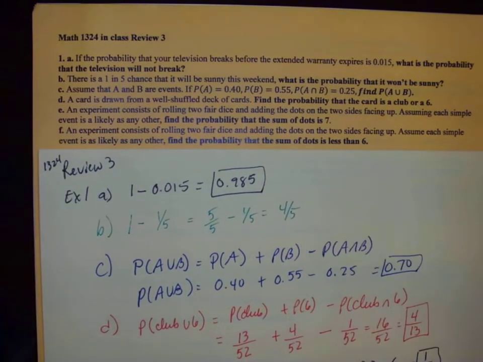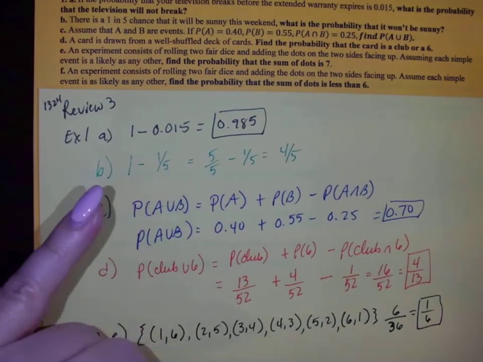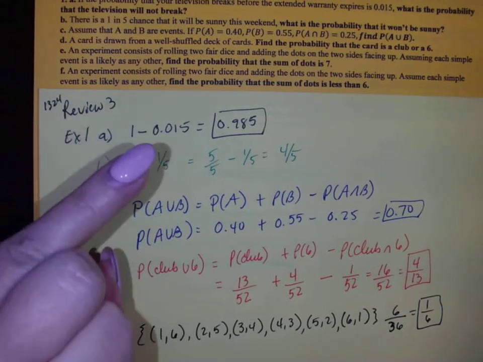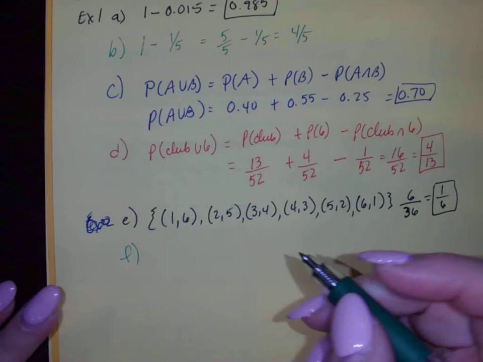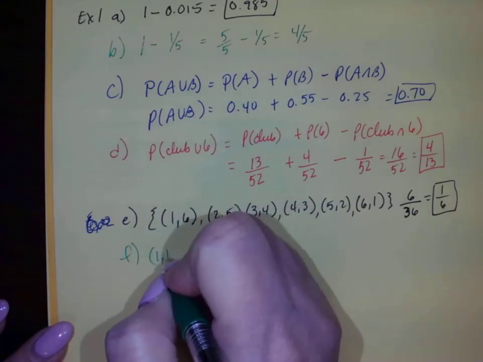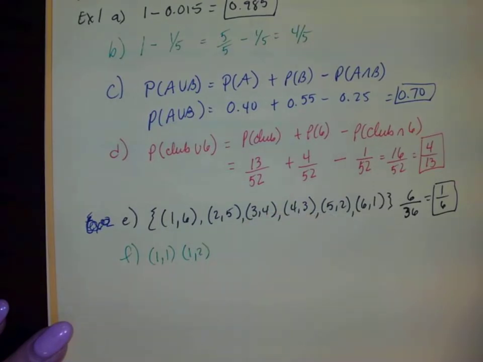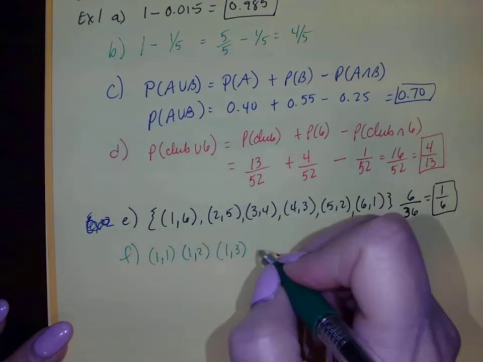So now we're not making a total of 6. We need all of the totals less than 6. That means they can't total 1, because if I'm using 2 dice, the smallest total is 2. So 2, 3, 4, and 5. So I'm going to do this list a little bit more organized. I'm going to start with 1, and 1 would get me 2. A 1 and a 2 will get me 3. A 1 and a 3 would add up to 4.